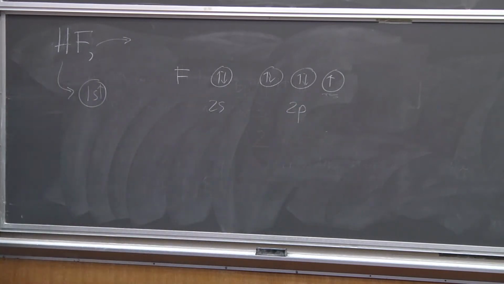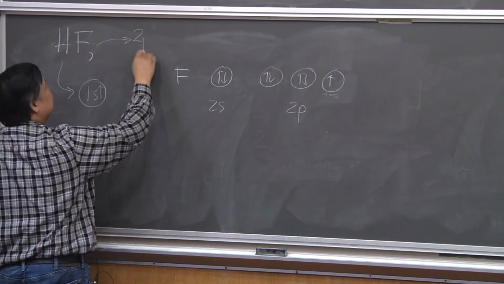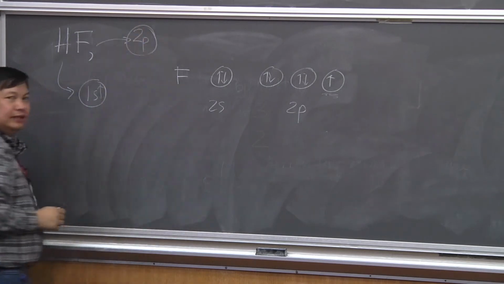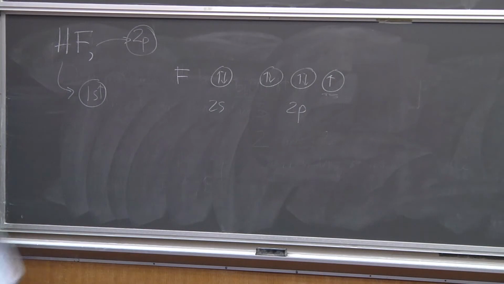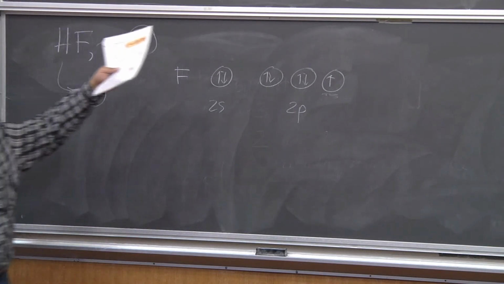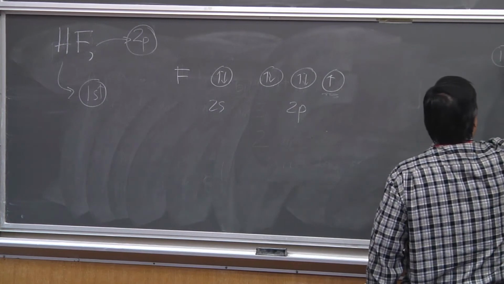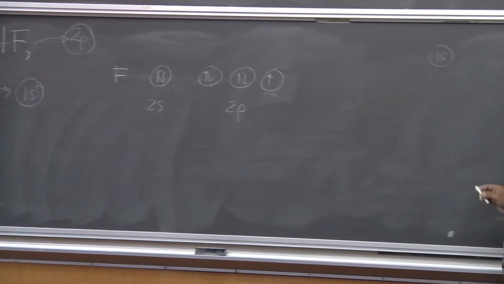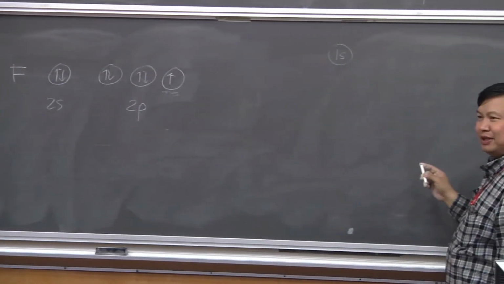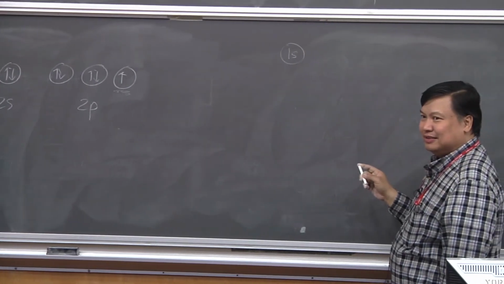We can share those two. So fluorine will contribute its 2p. In the same drawing we had earlier, instead of two 1s's, we have a 1s of the hydrogen coming close to a 2p. What does a p look like? A dumbbell, right?